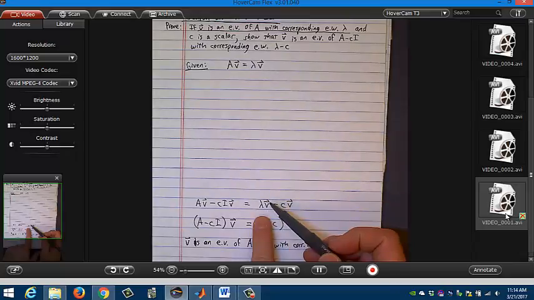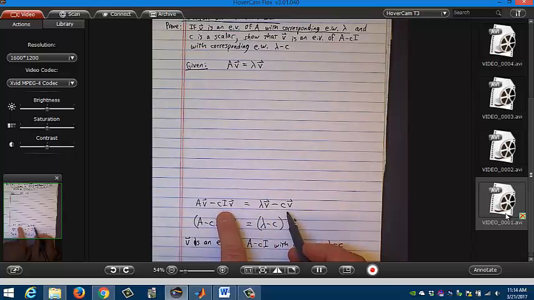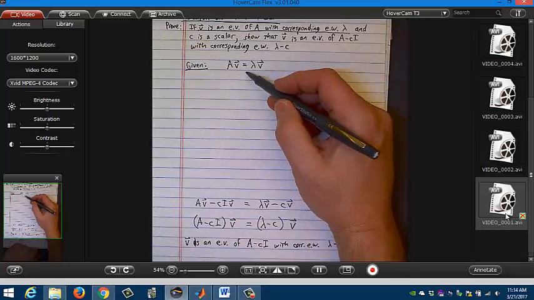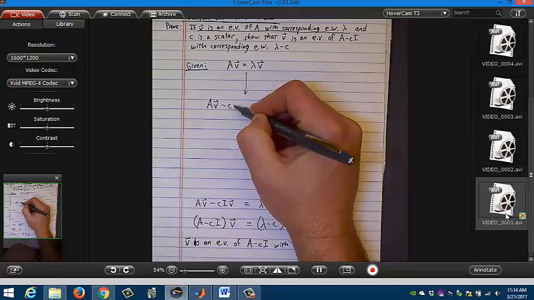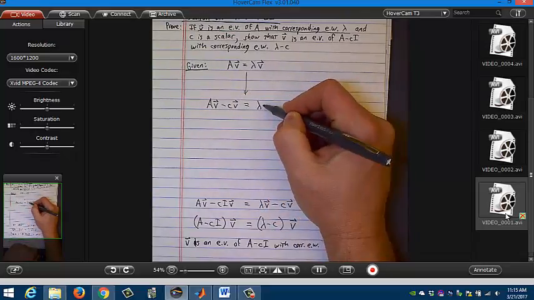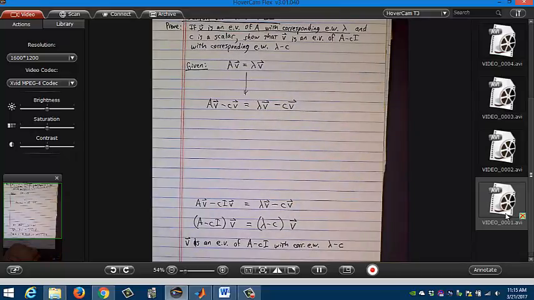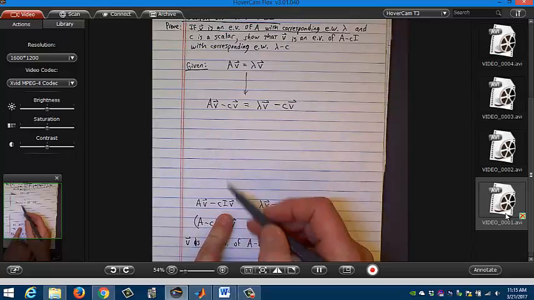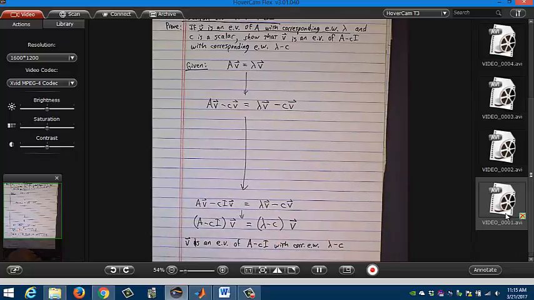I kind of don't really want to get rid of the cv. Well, right, this is cv and that's cv. One way to say this is, if you took the given and subtracted cv from both sides, wouldn't you basically be done? Almost. What's the only difference now? The I on one side. Yeah. So then you just have to know that v and Iv are the same, and you've got a four-step proof, right? See it?